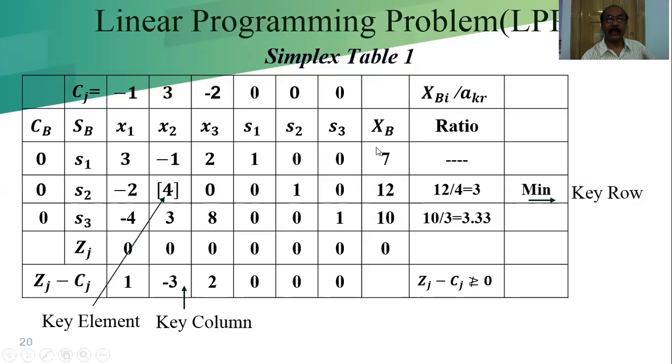So 7 plus 3, it would be 10. And for this, if we calculate corresponding element in the key column 3, 10 minus 3 into 12 divided by 4, that means we will get the 9. 10 minus 9, so this will be 1.